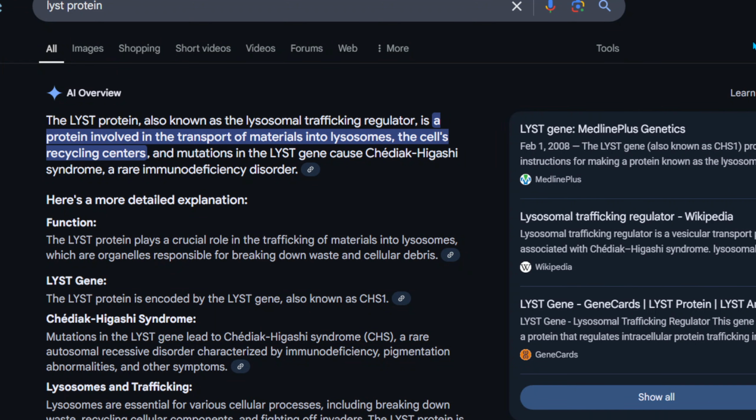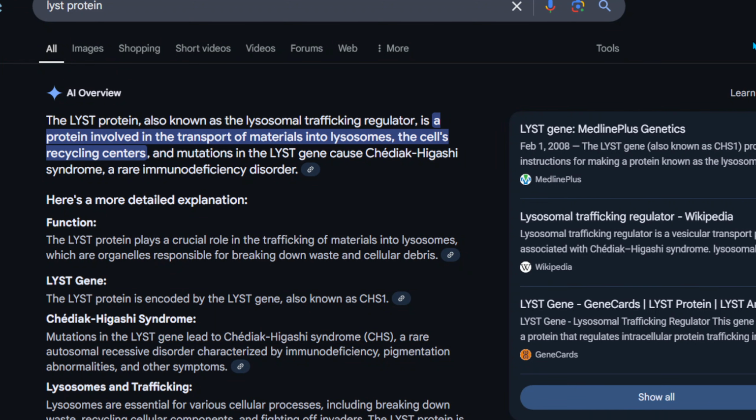So this kind of protein is like a transport. They bring material, they move material away from or toward the lysosomes to be recycled or destroyed or whatever they have to do. So the LYST protein is known as a lysosomal trafficking regulator.